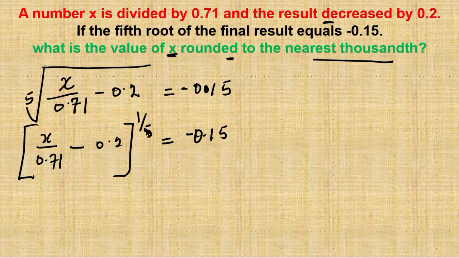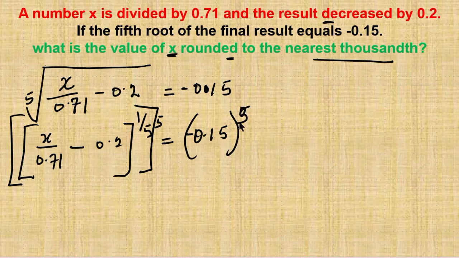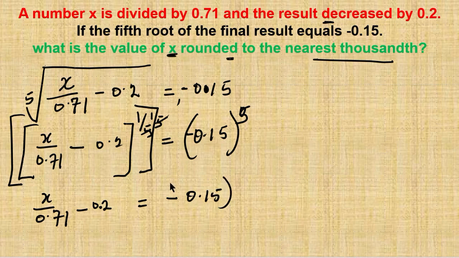For me to remove this power of 1 over 5, I have to raise both sides to the power of 5. So I'll be left with x over 0.71 minus 0.2 equals minus 0.15, all raised to the power of 5.